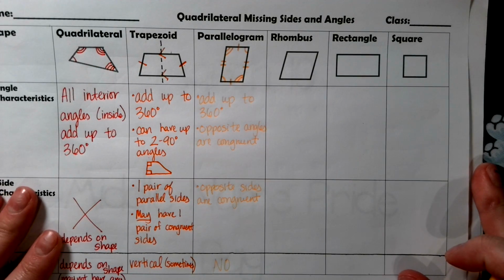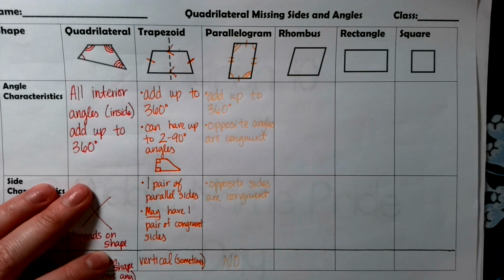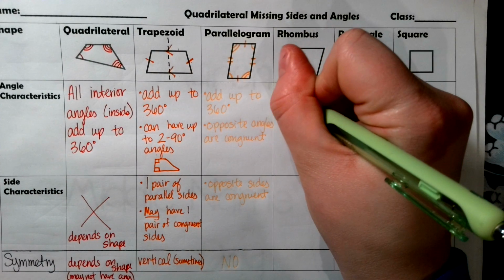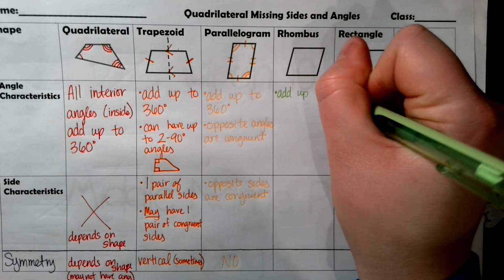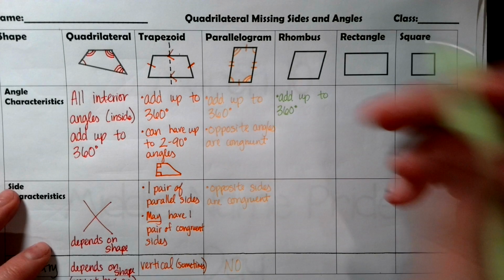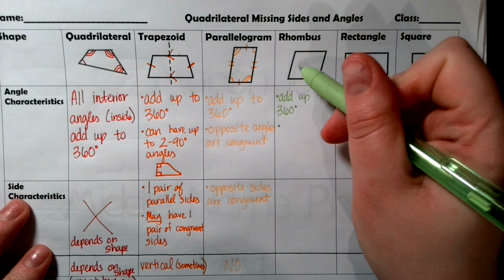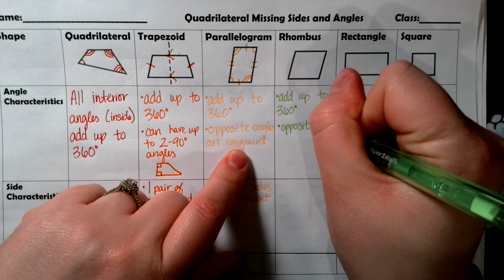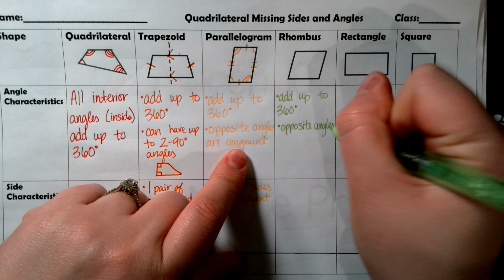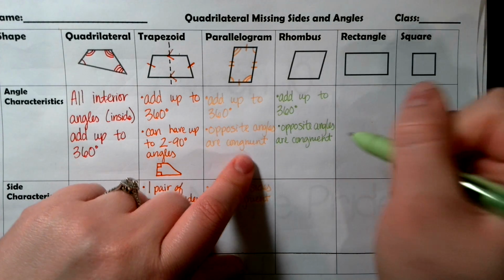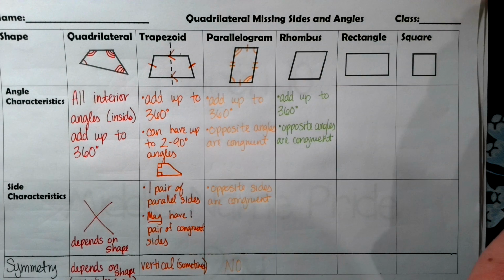Now on to a rhombus. Sorry, I need to put my colors away so I can focus. So angle characteristics again, they're going to add up to 360 degrees. Like we had with parallelograms, remember a rhombus is a type of parallelogram, so the opposite angles are still congruent.